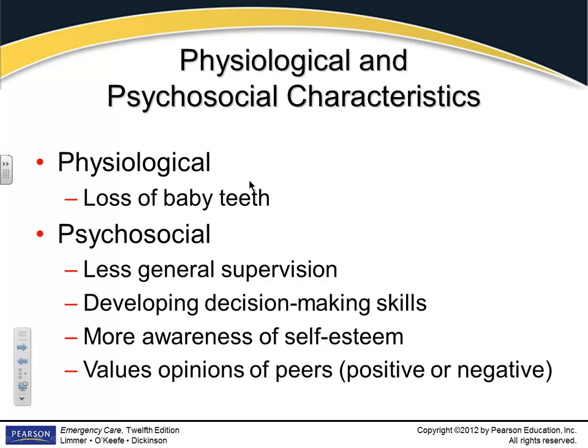Psychosocial, less general supervision. Now my 7-year-old wants to be on a device all the time. We bought a Nook. I want to be on that all the time. Developing decision-making skills. They're starting to develop this. As they move up towards double-digit numbers, they're going to want more and more independence. More awareness of self-esteem.